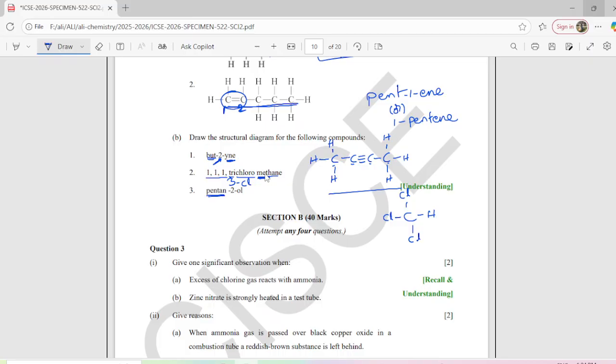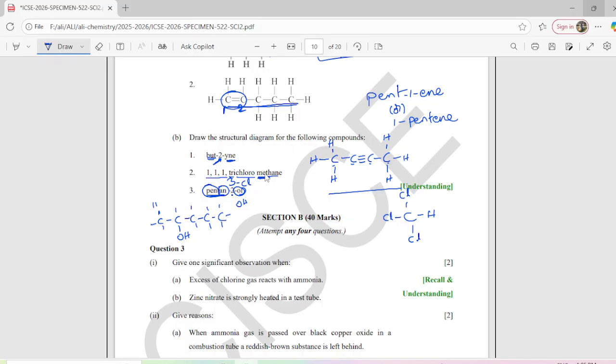Next, pentane-2-ol. So in this, the root word is pent, so you will take 5 carbons. I am putting single bonds because it is ane, all are single bonds, and 2-ol. Second carbon has alcoholic group, that is OH. So second carbon will be having this OH, and remaining bonds have to be filled with hydrogens.